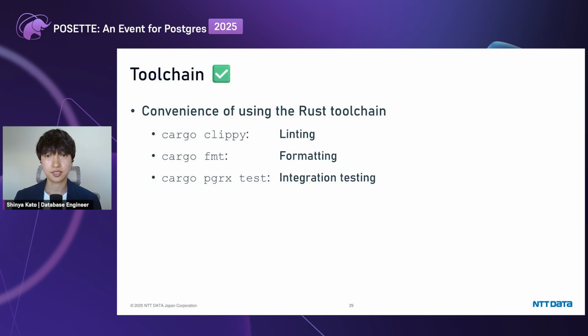Code style consistency is easily maintained using Cargo fmt for automatic formatting. And crucially for extensions, cargo pgrx test provides a streamlined way to handle integration testing directly against Postgres. This ability to use standard Rust tooling really makes the development workflow much smoother.